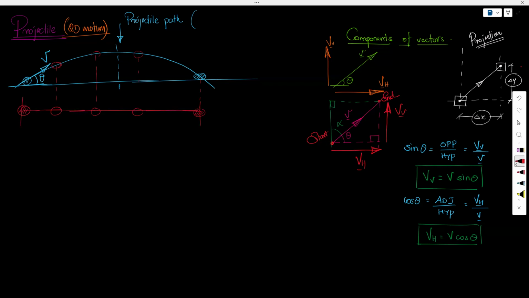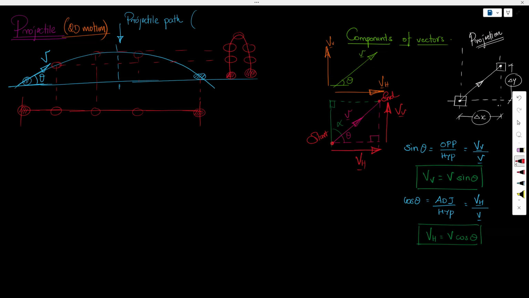But in the vertical projection, initially it is here and you go here, it is here, and at the maximum height it is somewhere there and it is coming down. So it is going up and coming down, right? That is your vertical projection.